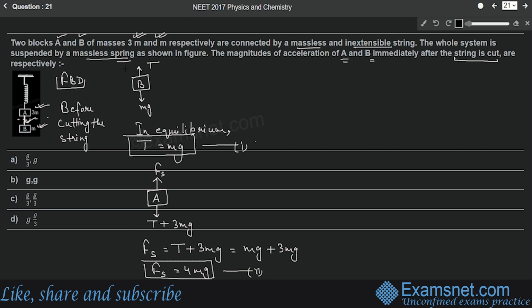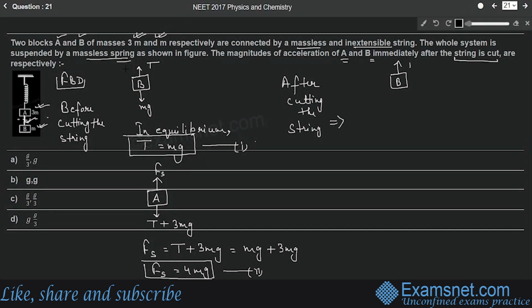Now this was the scenario before cutting the string. Now if we see what happens after cutting the string. So after cutting the string, what happens? Again we'll see the free body diagrams of each block. So this is the block B. Now the string is cut. The string was present above this block. So what happens?